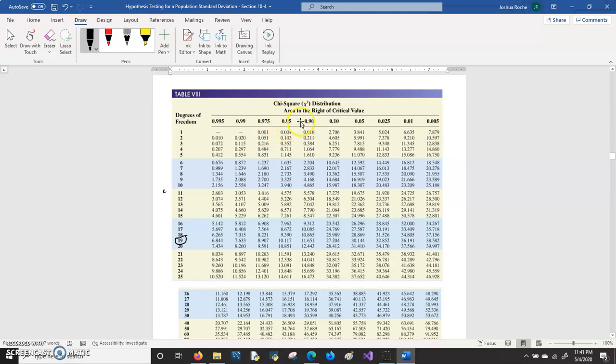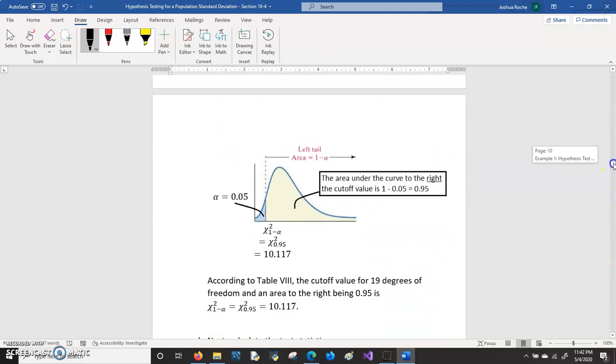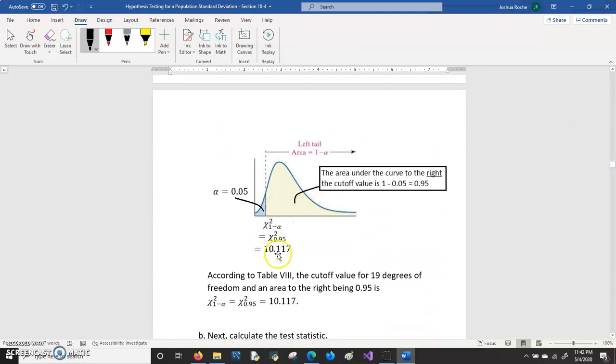So here's the 0.95. See where those line up. And it looks like they line up at 10.117. So 10.117, that is the cutoff for that left tail.